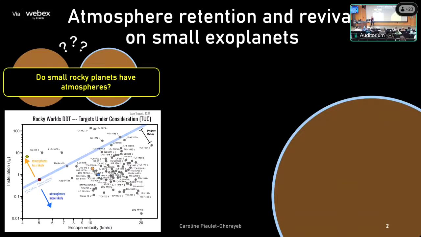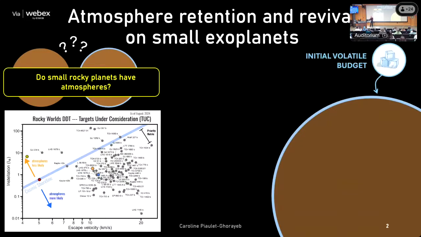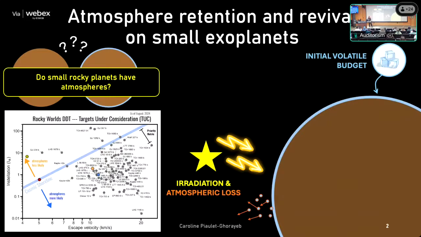And fundamentally, that depends on a few factors related to the formation and evolution of those planets. First, how much volatiles they actually started out with. Second, how much irradiation they received from their host star and how that affected atmospheric loss and whether they were able to retain any atmosphere.